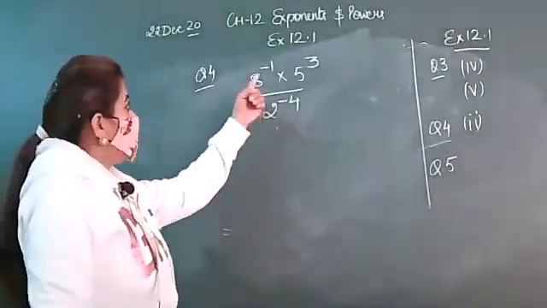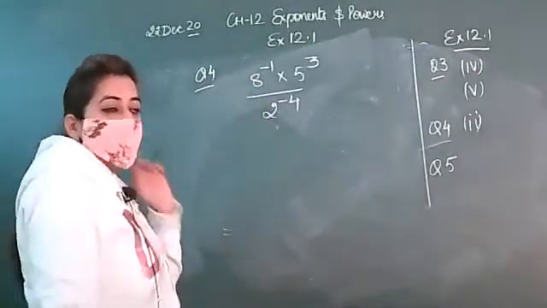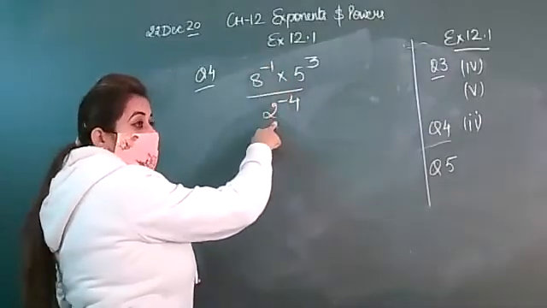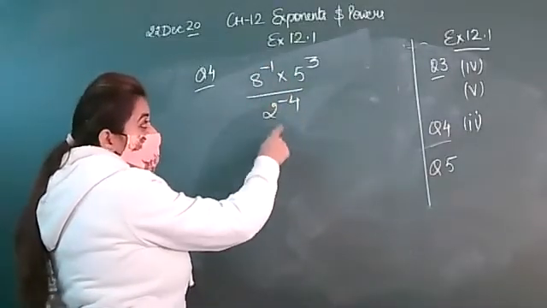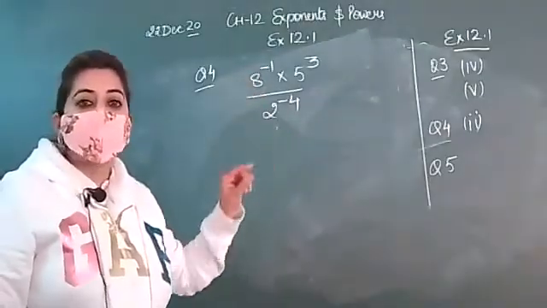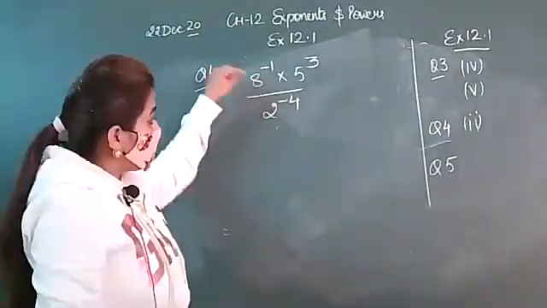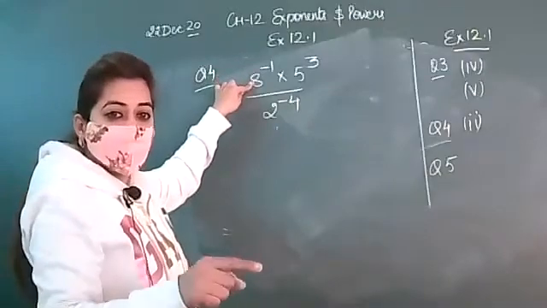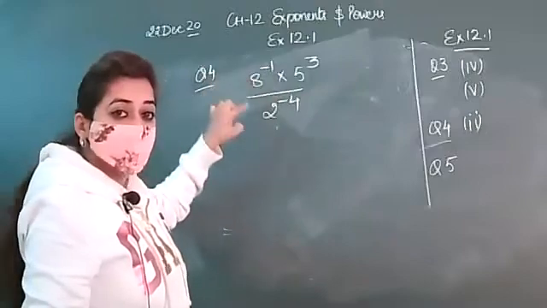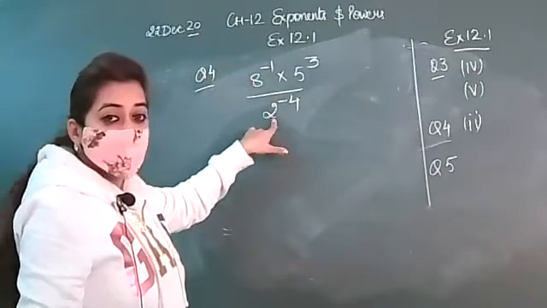Yes. Question number 4, first part I have written. As you can see that 8 is having negative power, 2 is having negative power. So if you make the reciprocal of these terms, the power will become positive. As you can see that 8 is in the numerator. So if you make the power positive, then it will be shifted to the denominator. 2 is in the denominator.